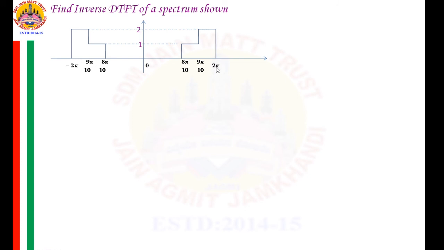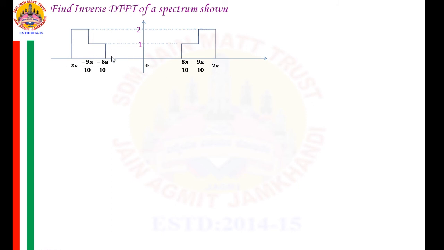Since X of e raised to j omega is periodic, this should be minus pi to plus pi, because this minus pi to pi duration is divided into 10 parts. When you divide this, this becomes minus pi, this is minus 9 pi by 10, this is minus 8 pi by 10, here it is 8 pi by 10, 9 pi by 10, and 10 pi by 10 becomes plus pi.